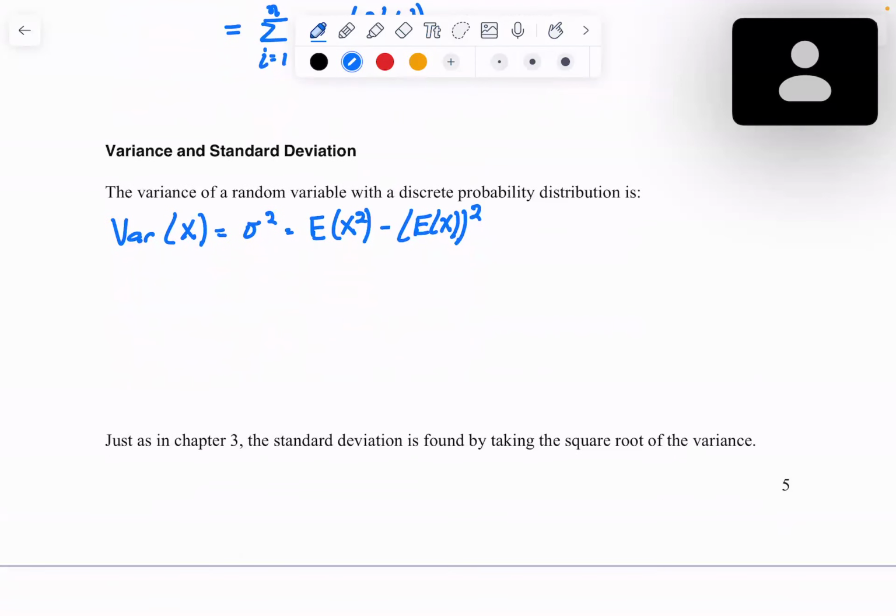If I want to write out this part here, the expected value of x squared, it's actually equal to this. It's the sum from i equals 1 to n of xi squared times the probability of xi.